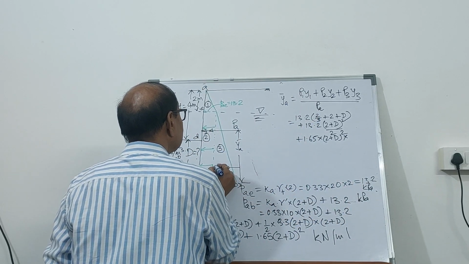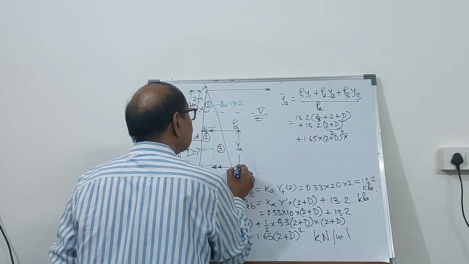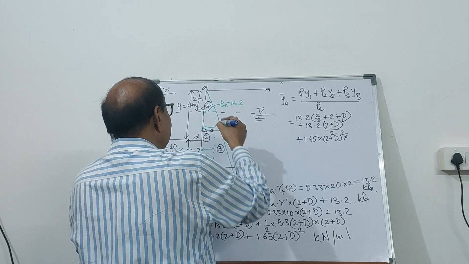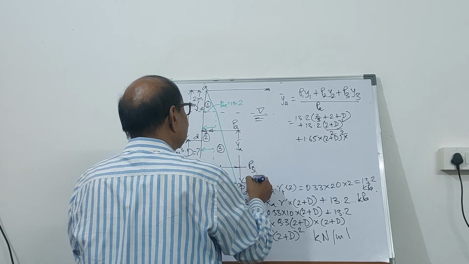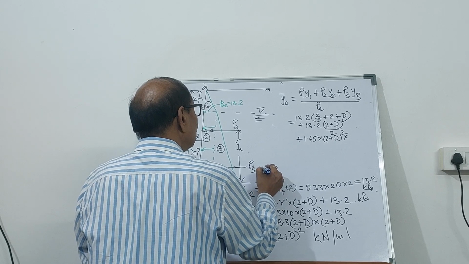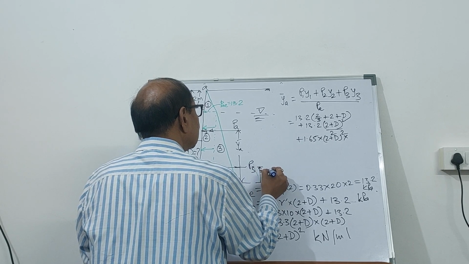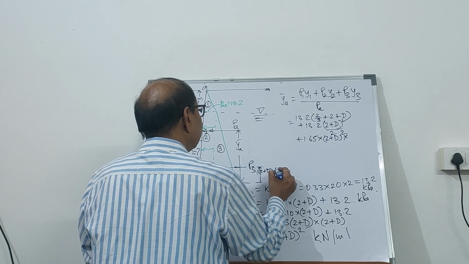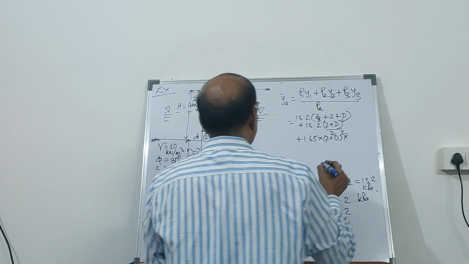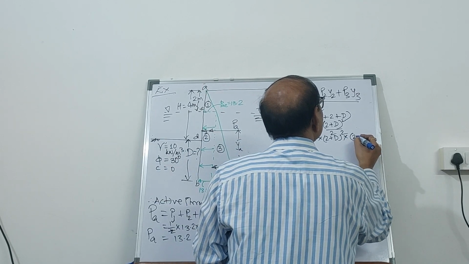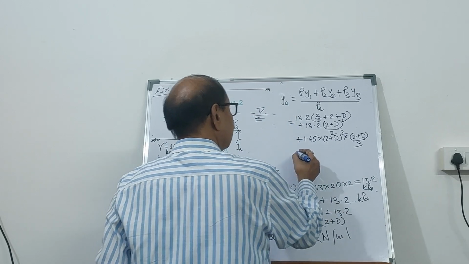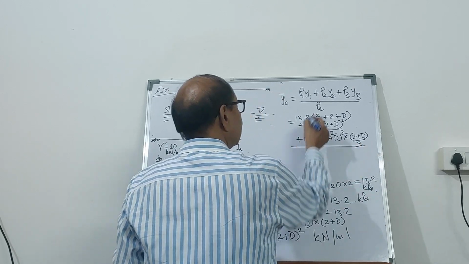This distance is 2 plus D. Therefore, Y3 will be 2 plus D divided by 3, 1/3 of the height. So into 2 plus D divided by 3 divided by PA.